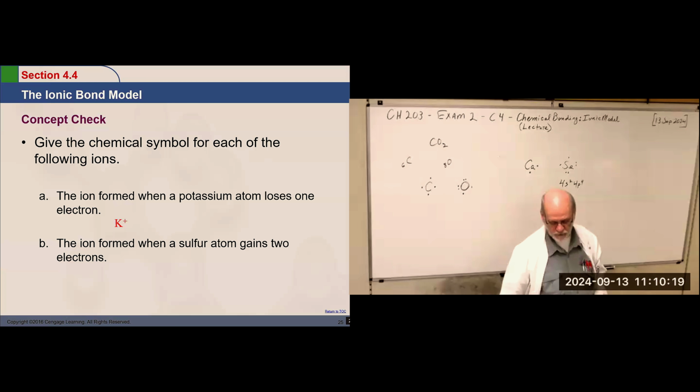See where sulfur is under oxygen? If it's going to look like argon, it needs 2 more electrons. So you add 1 to get chlorine, add another 1 to get to argon. So you add 2 electrons to sulfur. Any of the chalcogens add 2 electrons, and you get a noble gas configuration. So sulfur would be 2 minus. We've added 2 electrons.